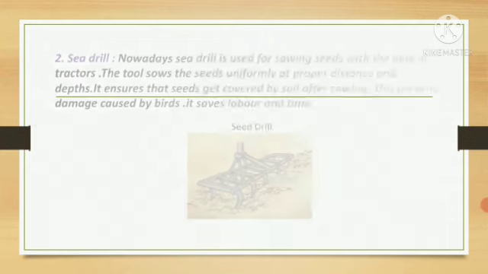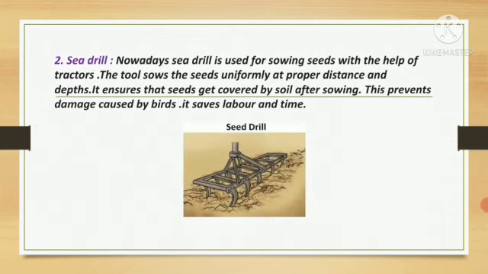Next we have the next method, which is the seed drill method. Nowadays seed drill is used for sowing the seeds with the help of tractors. The tool sows the seeds uniformly at proper distance and depths. It ensures that seeds get covered by soil after sowing. This prevents damage caused by the birds. It saves our labor and time. This is the method which we use in the present days with the help of tractors.